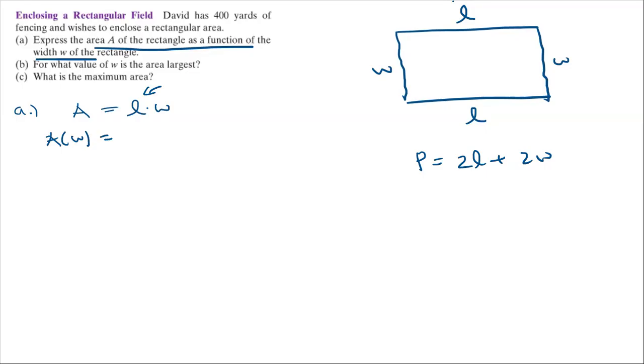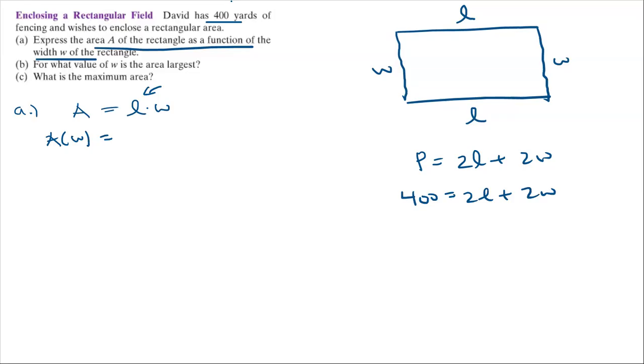We know the perimeter is 400 yards, which is how much he's going to use to enclose the rectangular area. So we can replace P with 400, and then we have 2L plus 2W. We need to solve for L, because we need to get rid of L here or replace L with W.